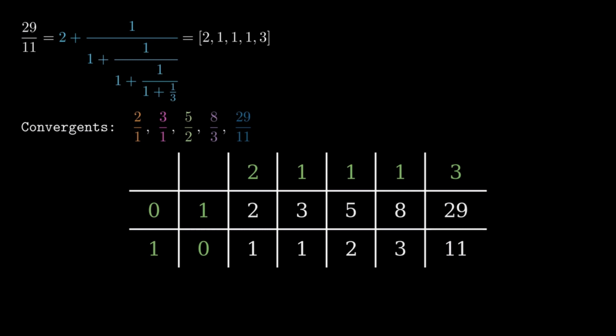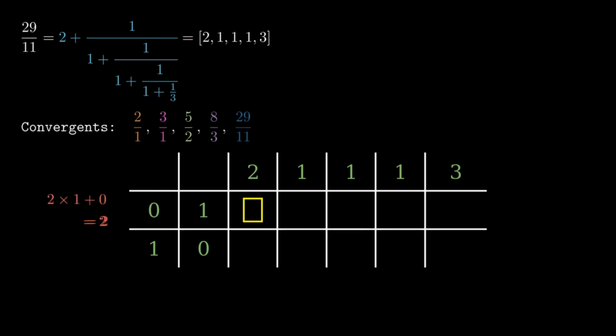To fill in the number x at this position, for example, we take the quotient in the same column as x, multiply it by the number to the left of x, and add the number 2 spots to the left of x. So here, we would get 2 times 1 plus 0, which is 2.